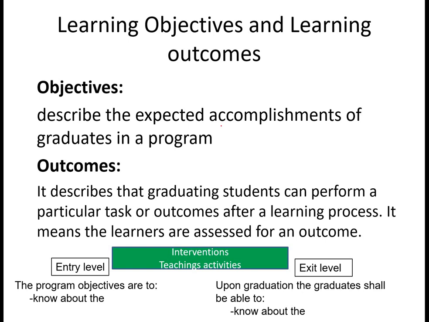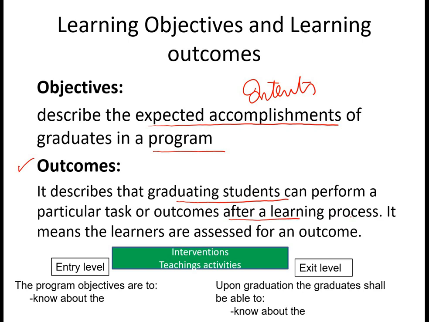Objectives are the expected accomplishment; rather, these are your intents. Intents mean what you are going to do. Outcomes describe what has been accomplished, what you have been through in a learning process.